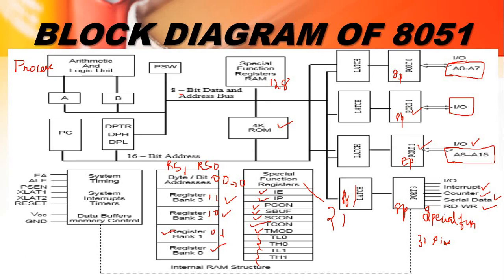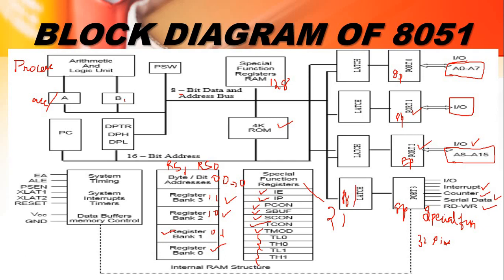This accumulator is called the king of the registers. The A register is the accumulator register, which is a general purpose register, called the king of registers because by default, if I want to save any data, I can store it in the accumulator, or if I want to send output, I can store it in the accumulator.